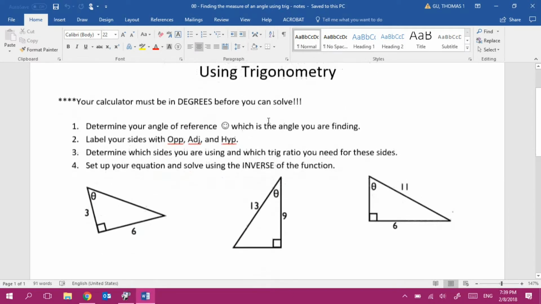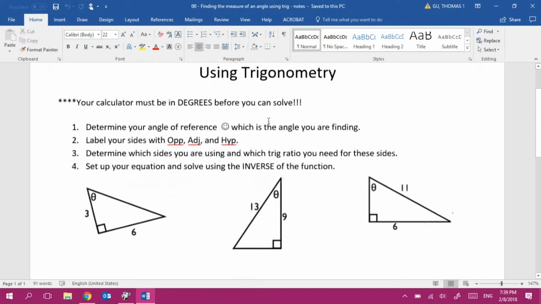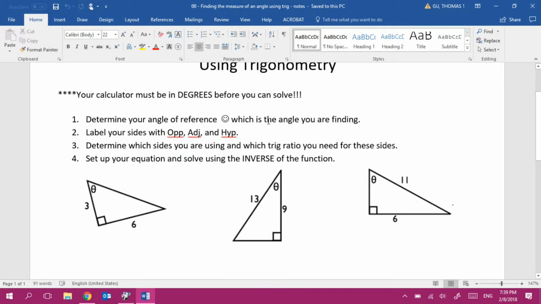I'm just going to read these to you just like last time, and then we'll see it in practice. Step 1, determine your angle of reference. That's where the smiley face guy is going to be, which is the angle you're finding. Next, we're going to label our sides. Remember, you always label your sides with opposite, adjacent, and hypotenuse.